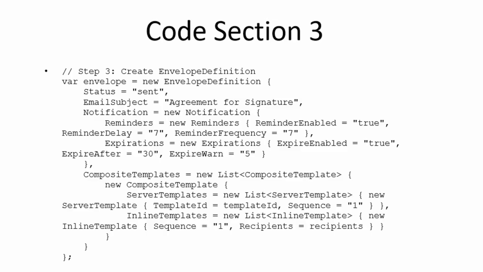If you want to warn them 10 days before, set expire warn equal to 10. And if you want to change the expiration time, like if you want the document to be no longer legal or valid after 10 days, you need to set expire after equal to 10.